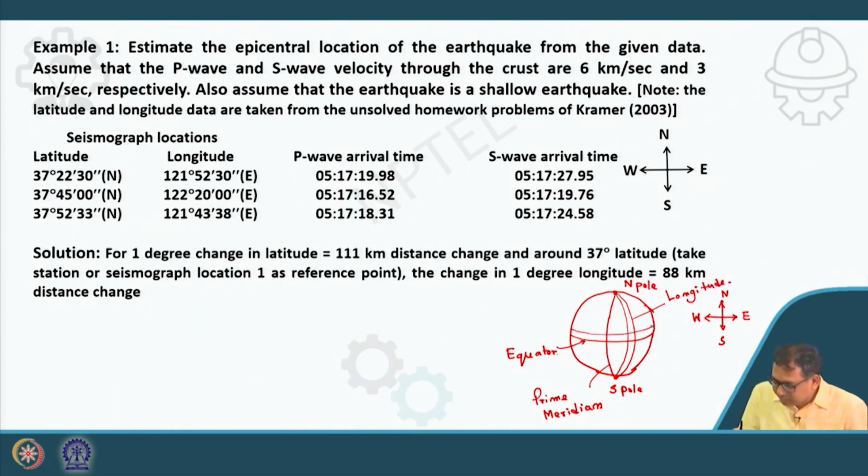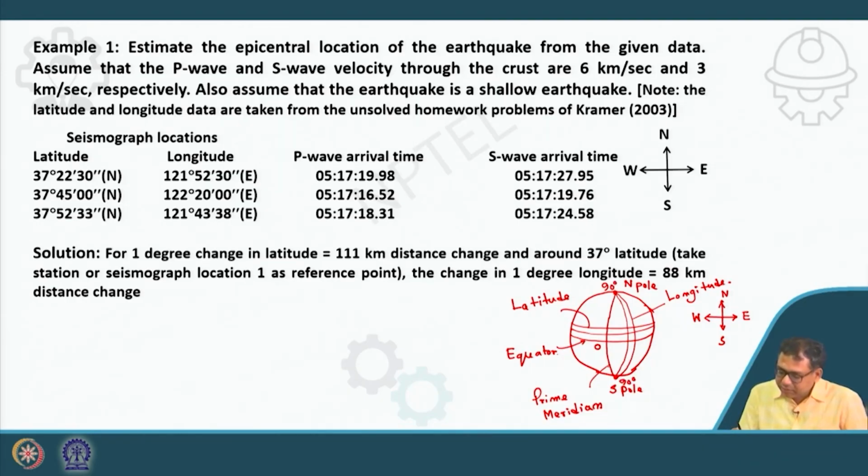Similarly, these will be the latitudes. Now if I start from the equator and go towards the north or towards the south, I can say the equator is 0 degree, the north pole is 90 degrees north and the south pole is 90 degrees south.